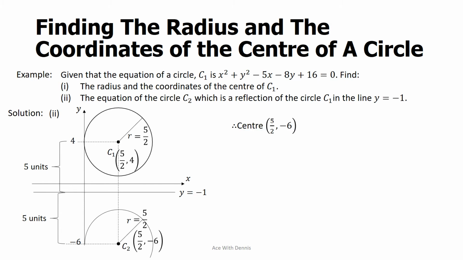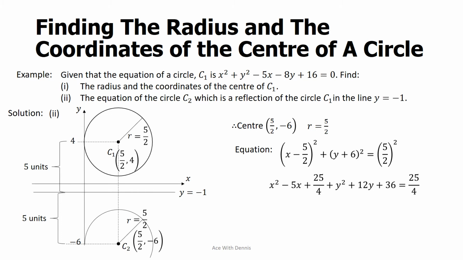So now, we already know the center of the image is (5/2, -6) and the radius is 5/2. So we can form the equation, which becomes (x - 5/2)² + (y + 6)² = (5/2)².